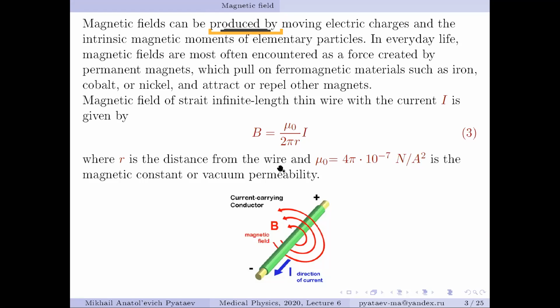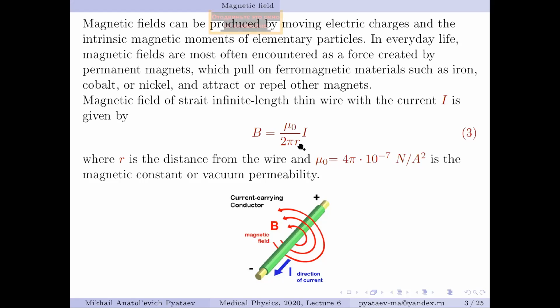If we consider an electric field produced by an infinite length thin wire, for example, a charged wire, then we would have the same law of decrease for the electric field. So it means that if we were having a point source of magnetic field, its field would probably decrease as r to the power minus 2.